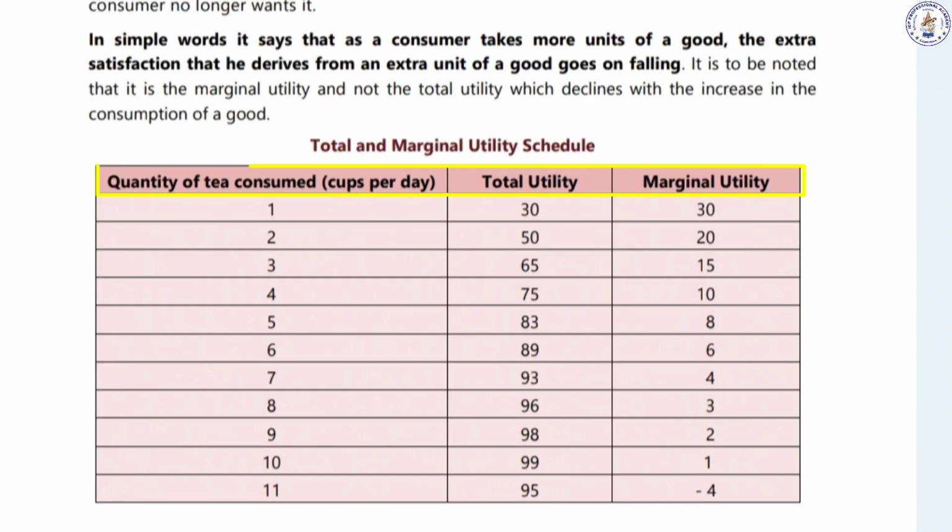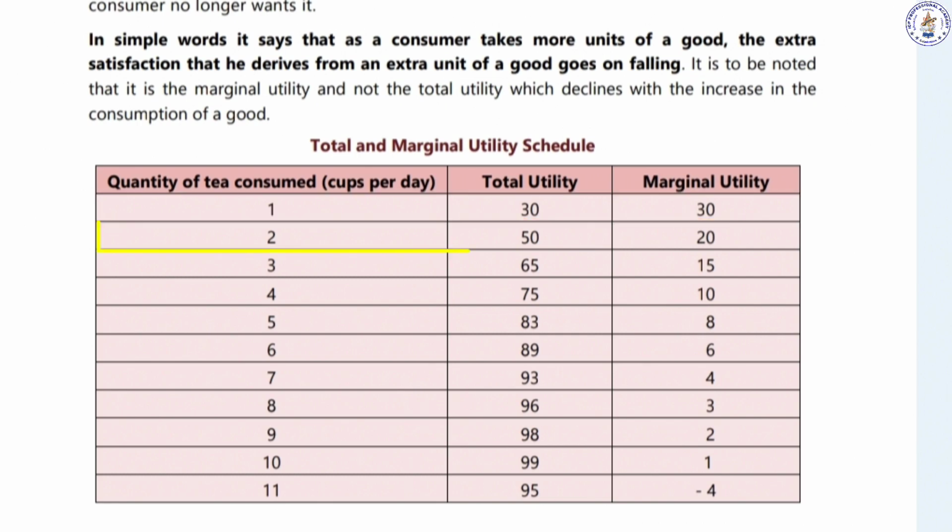See the table again, given on page number 2.53. There, the quantity of tea consumed by a consumer is given per day. When he starts the day with the first cup, the satisfaction that he derives is measured as 30 units. So the total utility is 30 units, and the marginal utility is also 30 units.